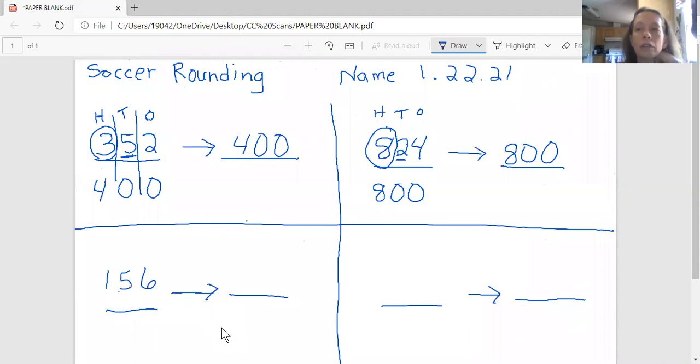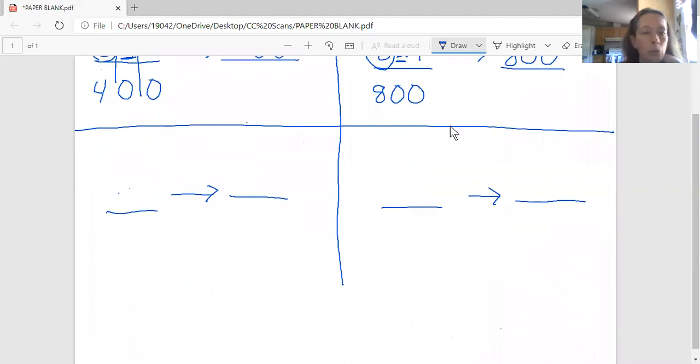Okay, I didn't do that very good on the line. Try it again. I can move down a little bit. 156. And in case you haven't noticed, in math, it's easy to read if you make your numbers a little bit bigger. Okay.